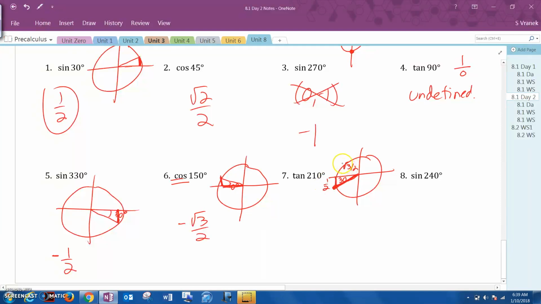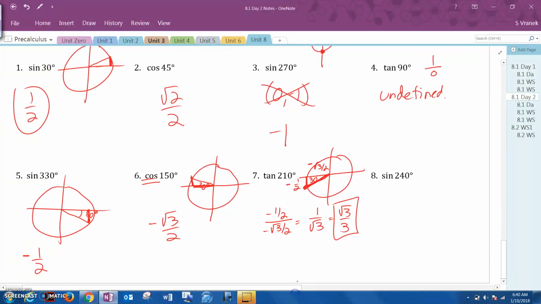Now, if you notice, the x is negative and the y is negative. So tangent is going to be y over x. Whenever we have a 30-degree reference, and since the negatives cancel, you get 1/√3, which we can then rationalize to √3/3. So it's positive in quadrant 3.